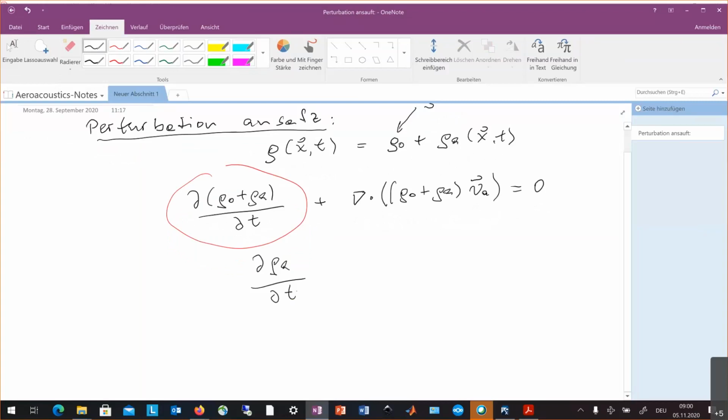However, the second one we can rewrite as follows, using the product rule.